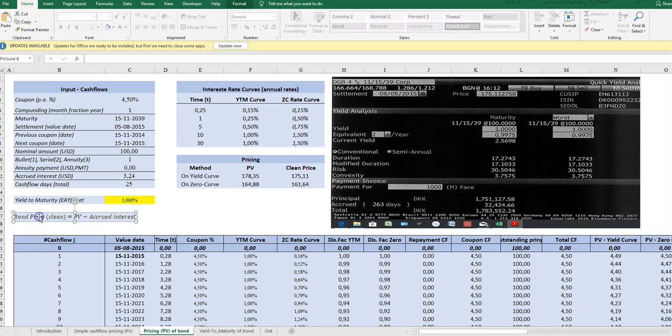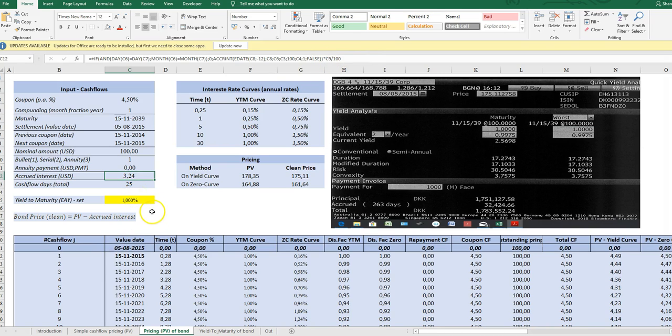Just note that the clean bond price, which is up here in Bloomberg, corresponds to the theoretical present value when you discount with the yield to maturity, minus the accrued interest. The accrued interest I have calculated here up to 3.24 for each 100 nominal, and you see that here where it's just per 1 million.